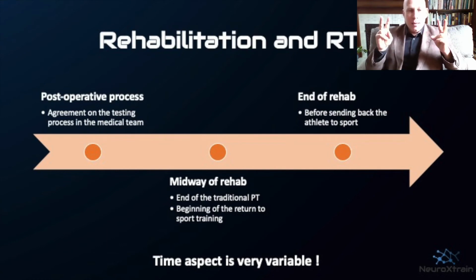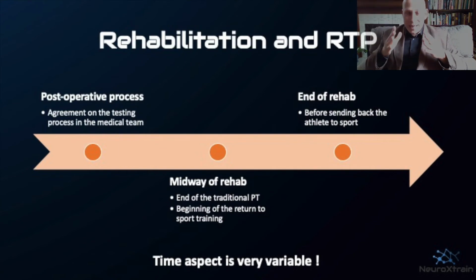That's just a sort of generalized measure concept there. But you want to get 3 points somewhere at the beginning of the rehabilitation process, around the middle, and at the very end before you release them back to the field, to make sure that their improvements are there, and also so that there's minimal risk.